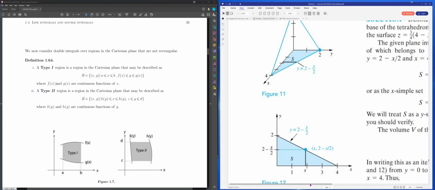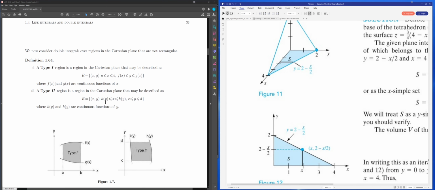So what we'd expect, when this region is expressed as a type 2 region, is y lying between 0 and 2, and then x would lie between x equals 0, which is the y-axis, so you'd have a 0 over here, and the upper bound, the top curve over here, is x in terms of y, which is x equals 4 minus 2y.